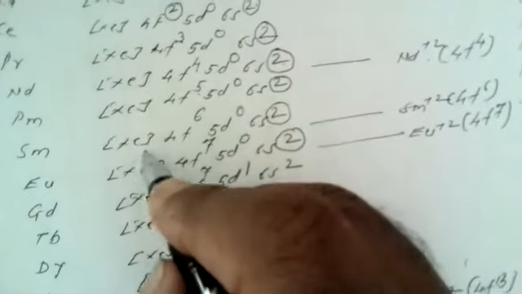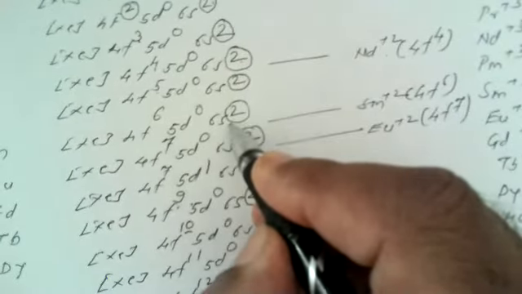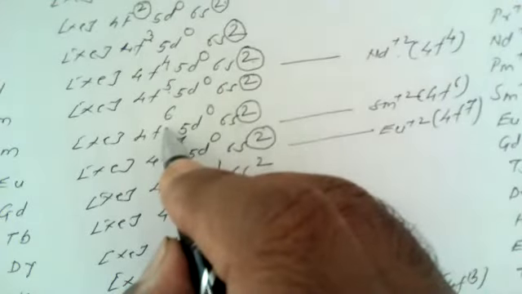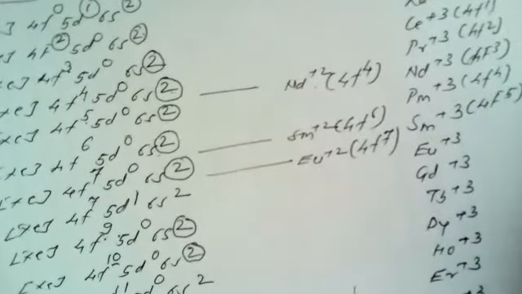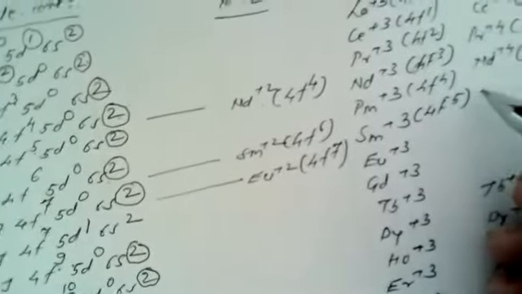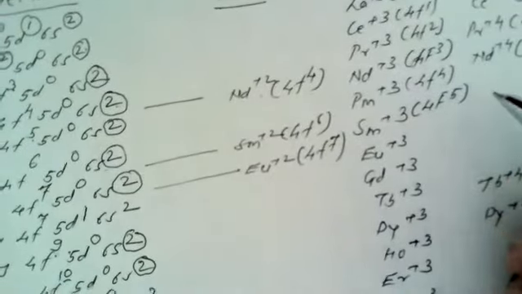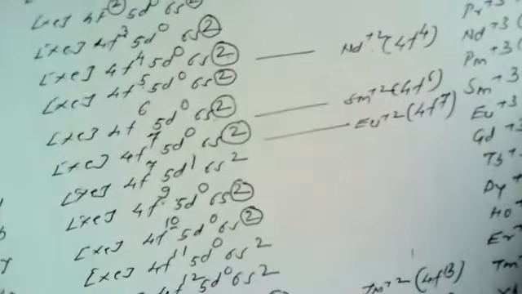Then come to samarium. Samarium +3, loss of these 2 electrons and loss of one of the electron from 4f6, that leaves behind 5 electrons, that is 5 4f electrons. So samarium +3 is 4f5. Then come to europium.